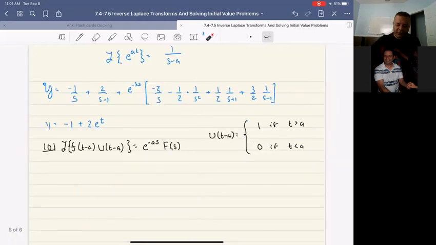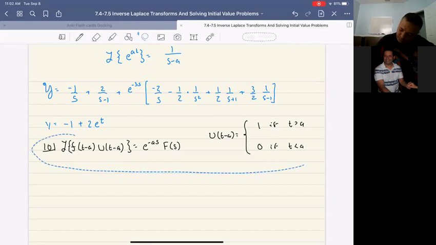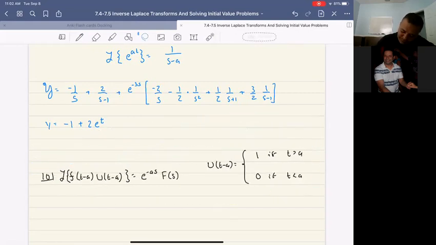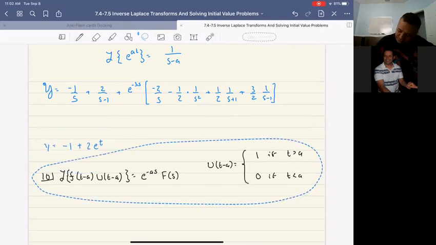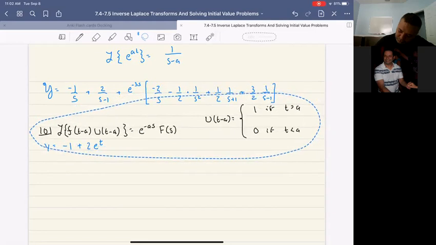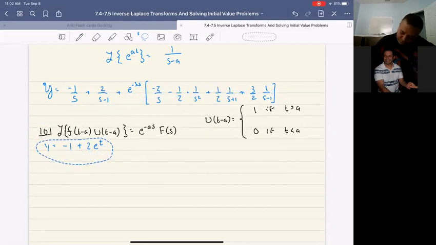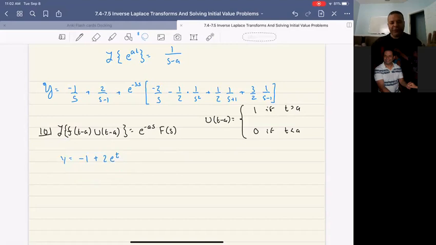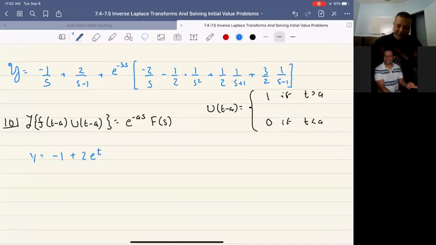So let me put that in between here. Those were easy, but now we're going to have this u of t minus 3 going on. That's all that's really going to happen.